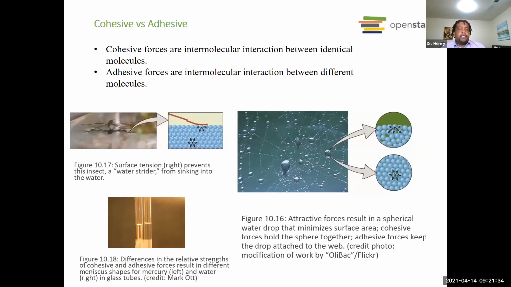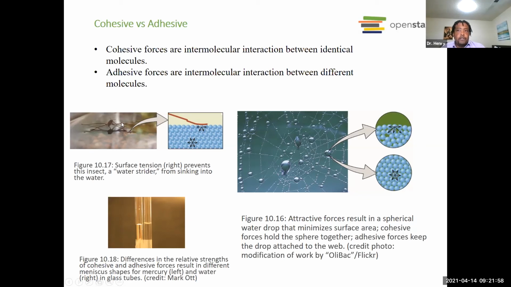Okay, so adhesive versus cohesive. Cohesive forces are those forces between identical molecules. Adhesive means you're going to have different molecules interacting. And these are going to play a factor in terms of surface tension, because let's take a look at this bug on water, right?